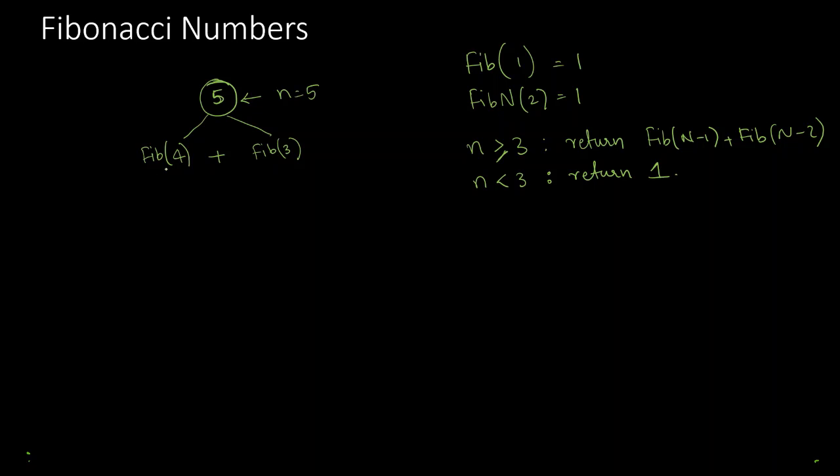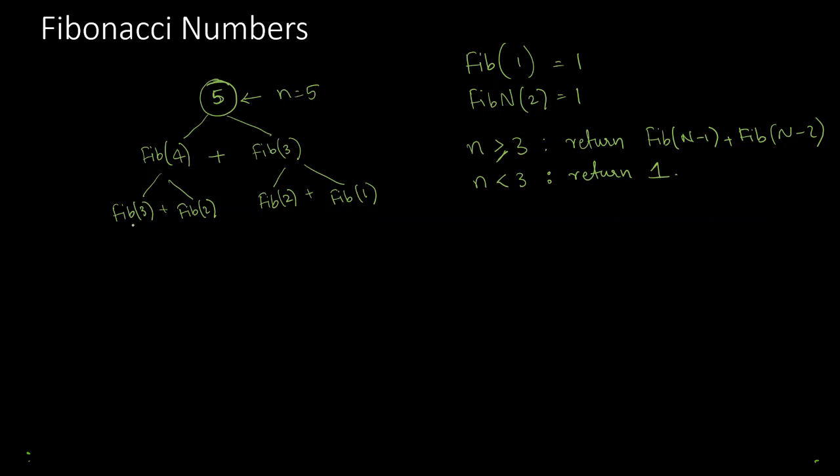And now we came to Fibonacci number of 4. We still don't have the answer. So we go to Fibonacci number of 3 plus Fibonacci number of 2. And even with this Fibonacci number of 3, we don't have an answer yet. So we go Fibonacci number of 2 plus Fibonacci number of 1.